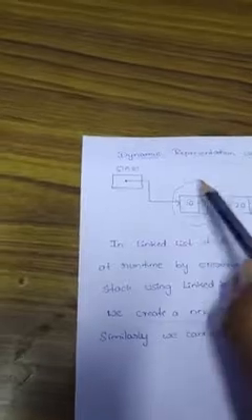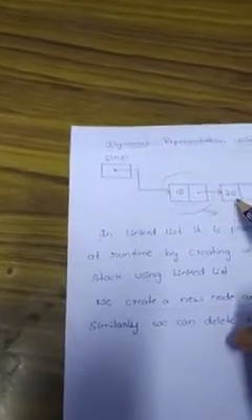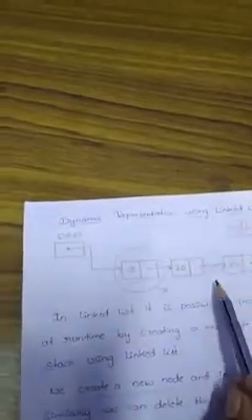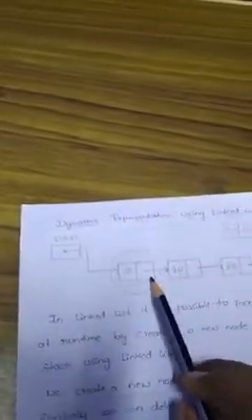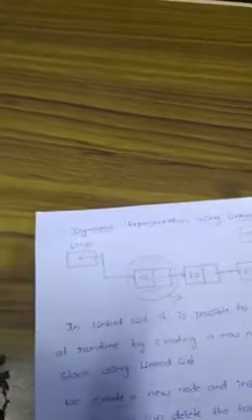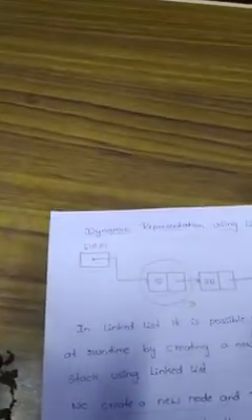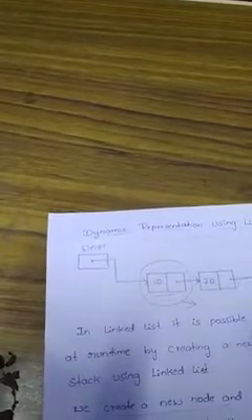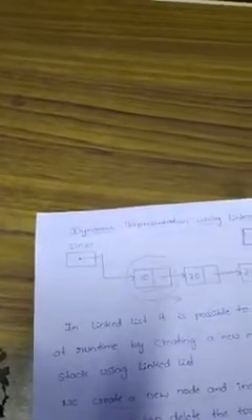How are we representing the linked list? A linked list is a collection of sequential elements called nodes, connected by means of pointers.